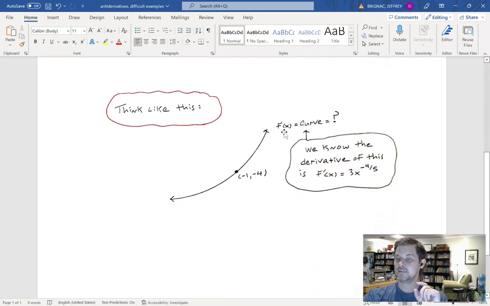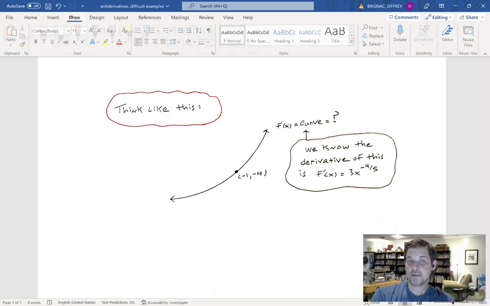All right, so I'll tell you how I think about it. There's a curve, which I've just drawn generically right here, and I don't know the equation for it. I don't know the formula. I know that the derivative of that is 3x to the negative 4/5 power, so I know that much, and I know this point is on the curve. So that's all the information I have.